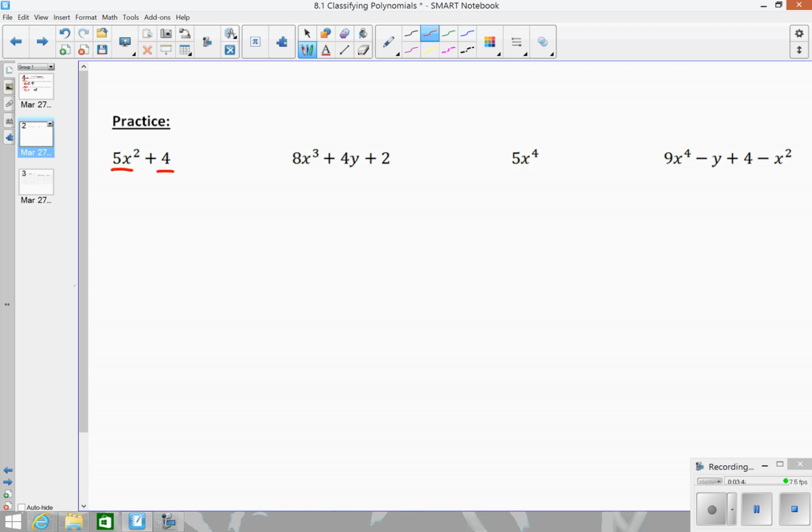So that has 2 terms. Okay, how many terms does this have? 1, 2, 3, right? So that's 3 terms, and then with the number of terms, we're going to have specific names that we call them.